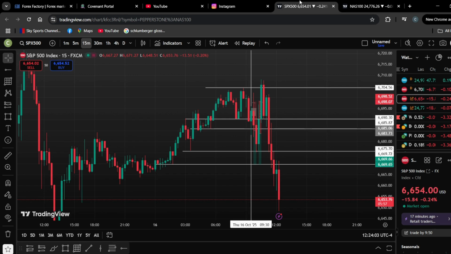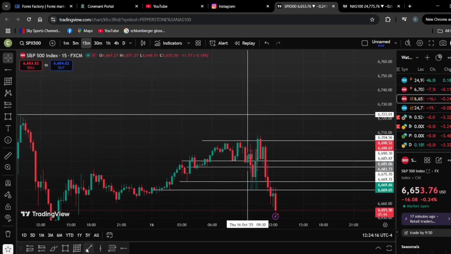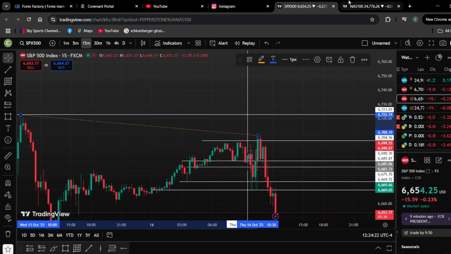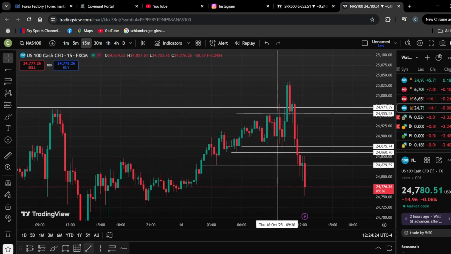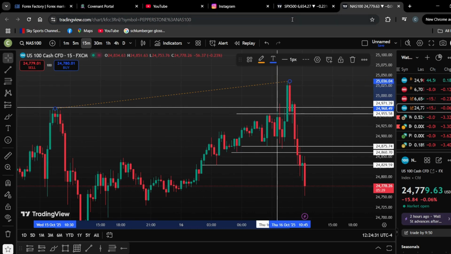And as I put my stop loss to break even, we came up, swept this 30-minute high, but we were still forming a massive SMT with this all-time high to here. So this was the overall SMT that we had, and SPS is still the lagging player.